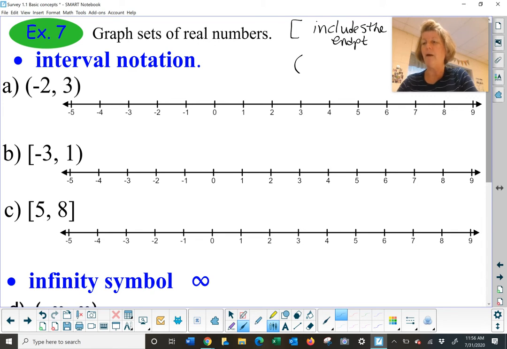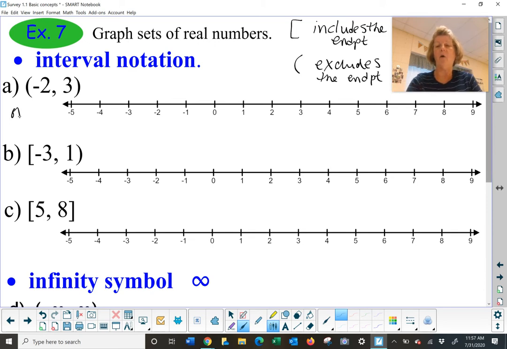If I have a parenthesis, this would exclude or not include, excludes the endpoint. Cool. So when I read this, I have open endpoint, right? It is the excluding type. I do not want to shade in my endpoints.